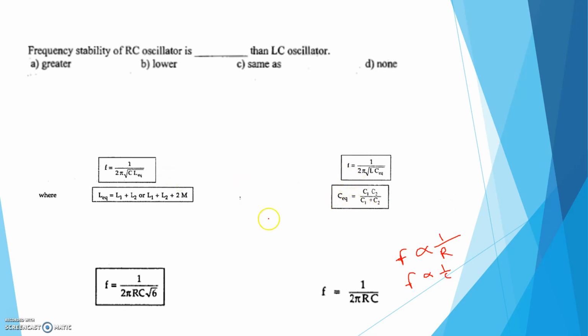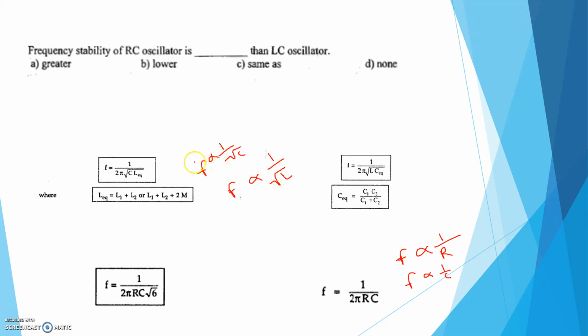But for LC oscillator, that is for the first two formulas, F is proportional to 1 by root over of C, or F is proportional to 1 by root over of L when other conditions remain unchanged.